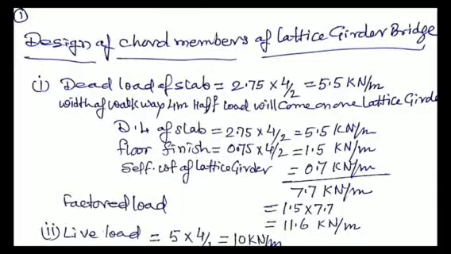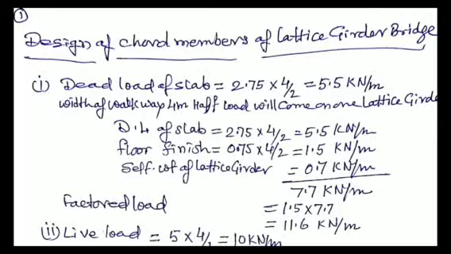To find out the load on the chord members in the lattice girder, we have to find out the load on each lattice girder, because two lattice girders on both ends of the cross girder will be there, and the total load will be transferred to both the lattice girders.